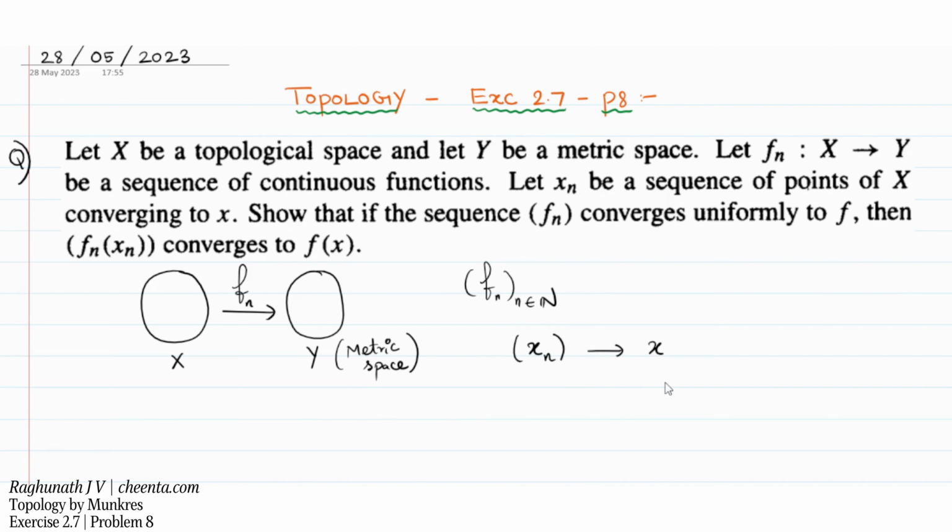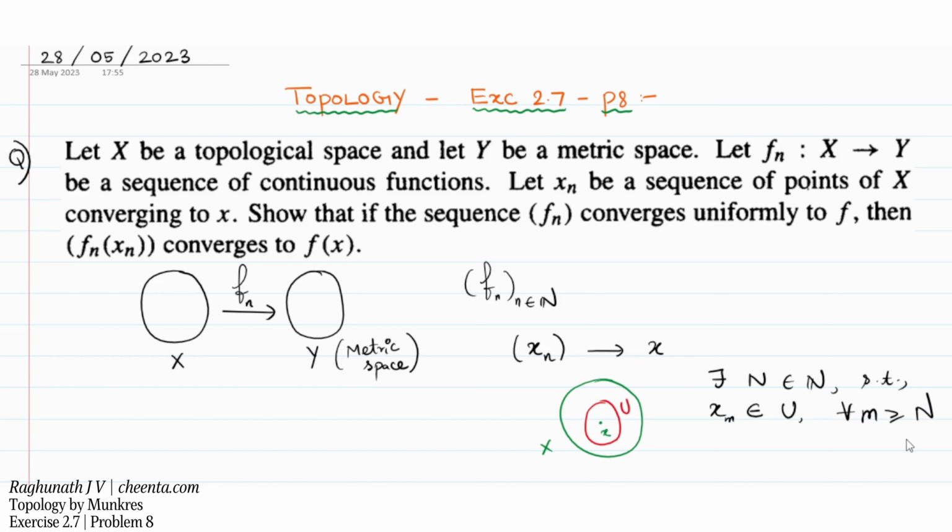Let's quickly see what it means to converge. It is simple. Suppose in the space capital X, you take the point x and consider any open set around x, say U. Then there exists capital N in natural numbers such that xm belongs to U for all m greater than or equal to the capital N value.